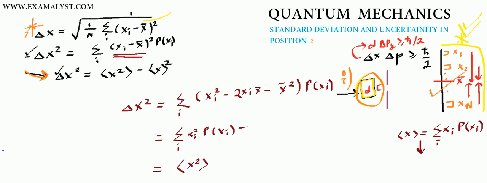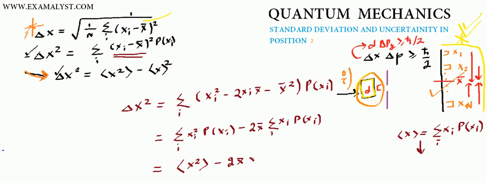Now the second term is quite interesting. In the second term, what you do is take 2 x bar outside, and then you are left with summation over i, you have xi and you have p of xi. If you look at the second term very closely, then it is 2 with an x bar, that is the average value.